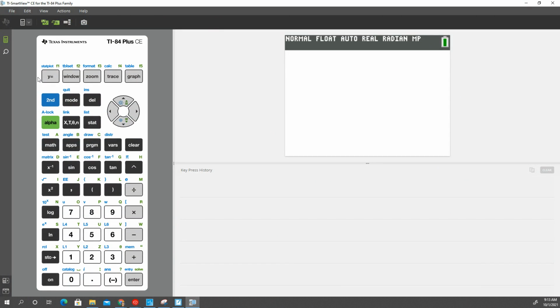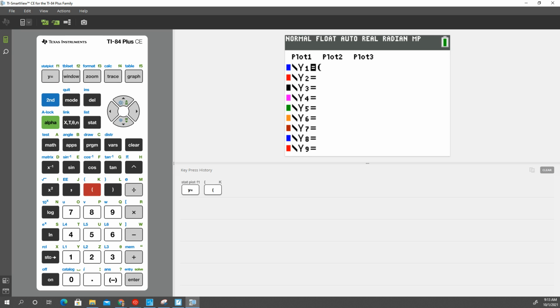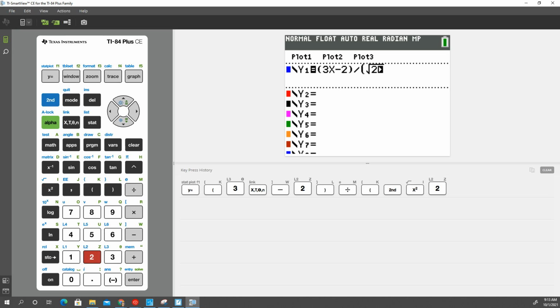So let's look at that function quick. Numerator, 3x minus 2 divided by, make sure you wrap your denominator in parentheses, the square root of 2x squared plus 1. Close your parenthesis.